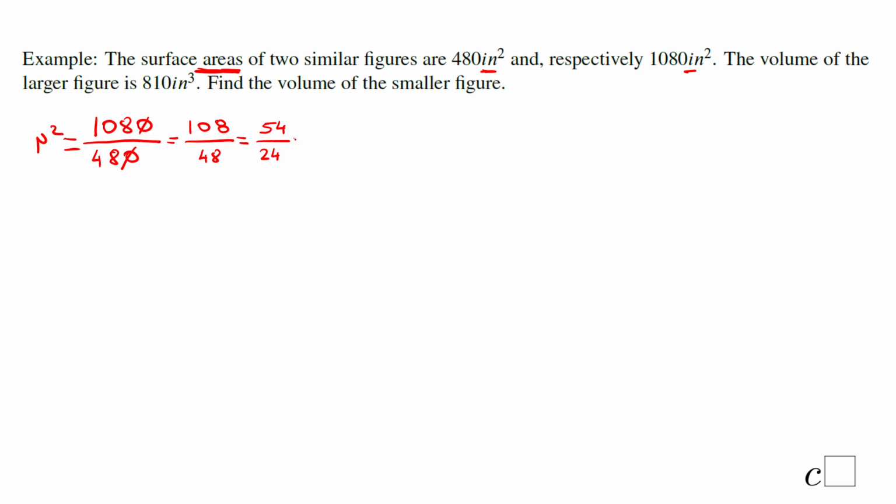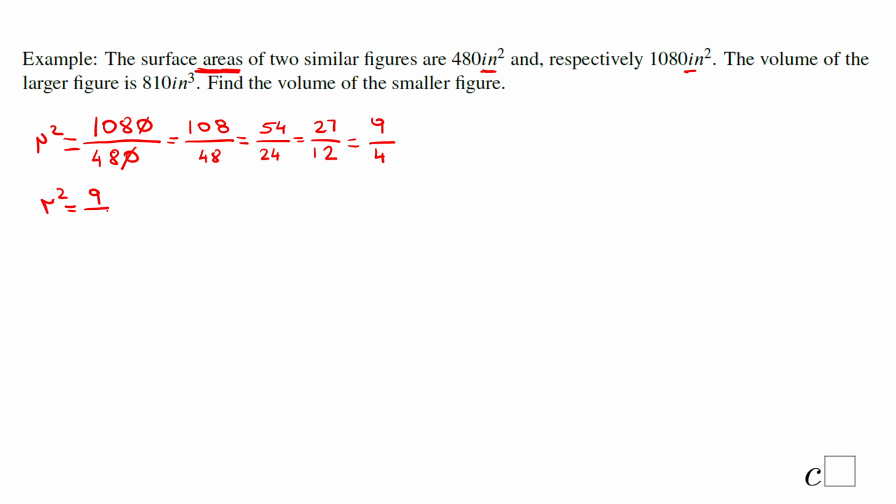We can divide one more time by 2, and we get 27 over 12, my fault, sorry. Okay, so we get this 27 over 12. We can simplify by 3 now, and we get 9 over 4. By the way, that's probably the best way to do it. Even a calculator here might not be very helpful.